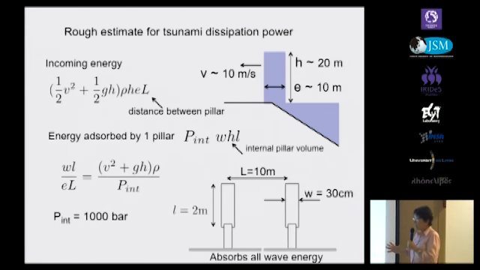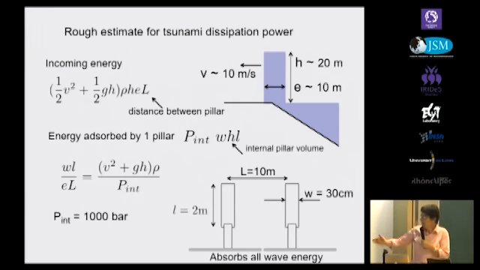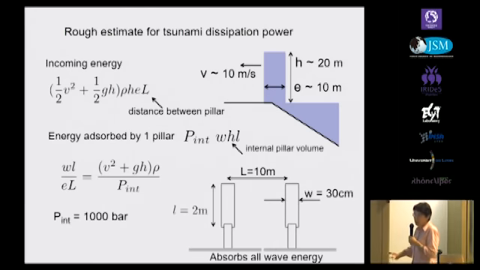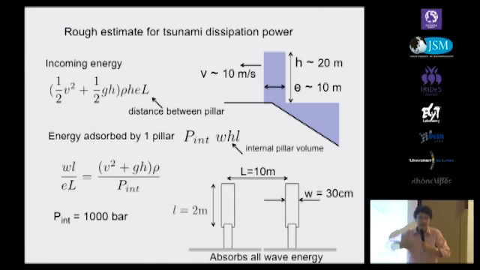So this means that the tsunami will be sent back to the sea. Well, and of course, this is a very rough calculation, and it does not include any hydrodynamic calculation on how the wave behaves while it is damped into this structure.